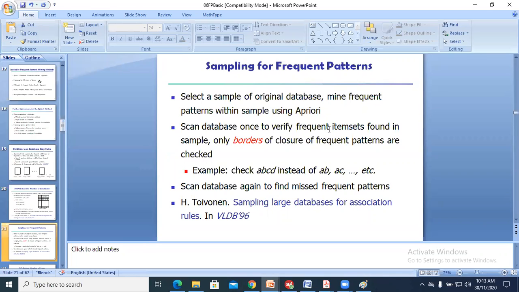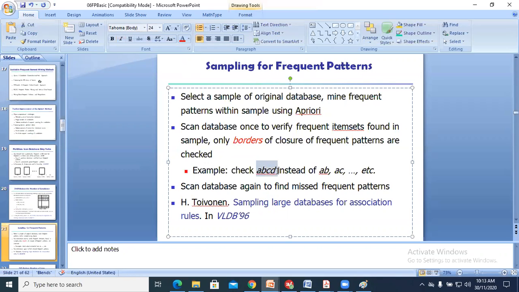So how can we do this? We have the borders, or we scan only the borders of the closure of frequent patterns. And how do we see this?